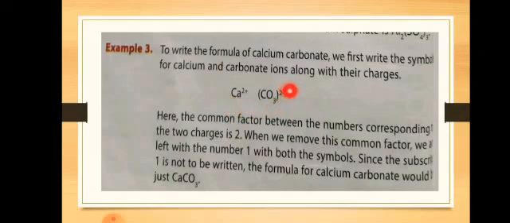So no need to crisscross, as 2 minus and 2 plus get cancelled. So CaCO3. And here we have removed the bracket. Why? Because there is no charge outside the carbonate. If there had been any charge, then we would have put the bracket.